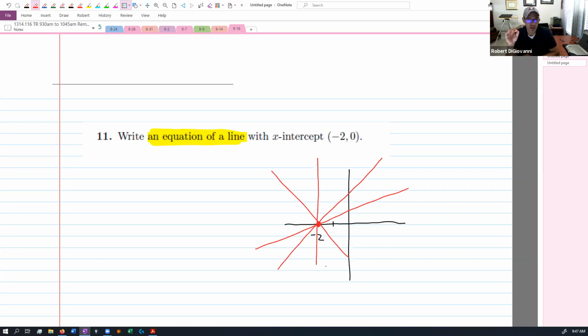So this is a tricky question because you have to think about it. Again, we have to remember that this homework was before we had the slope-intercept form.